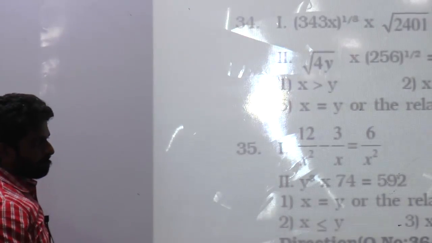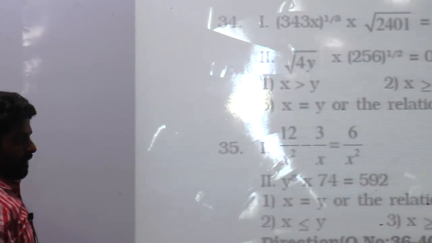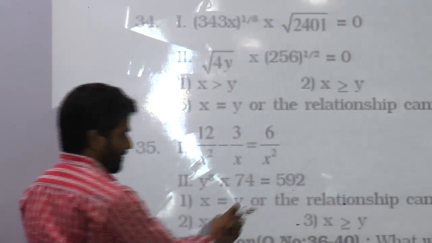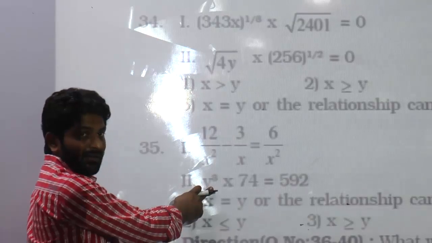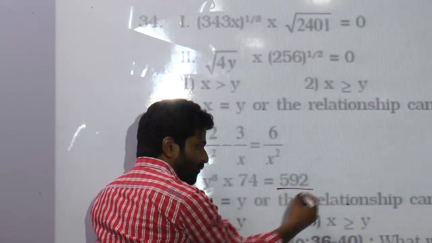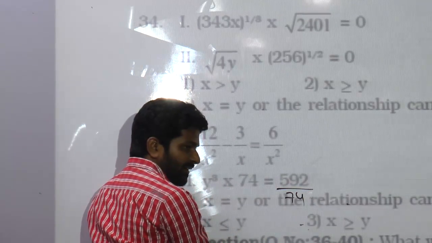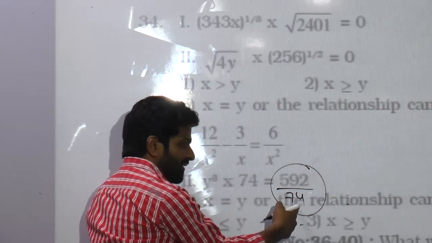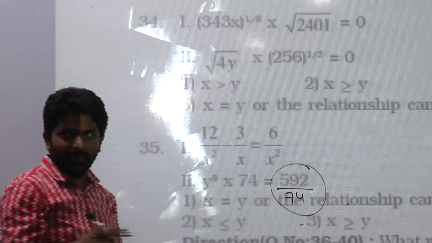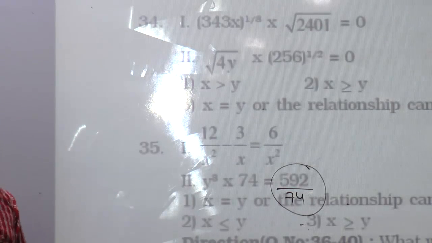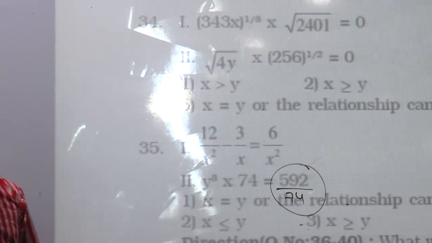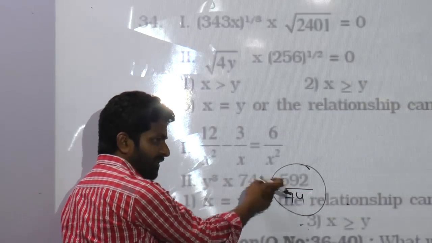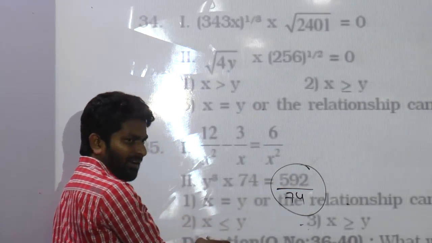Next, y cube. This is a cube value, right? And 74 goes to the denominator in the right hand side, this value is also a cube, right? 74, what are two cube values? 1, 8, 27, something like that. This is less than 10 times the denominator, right? Should be 8, right?